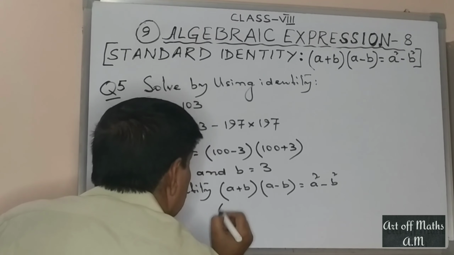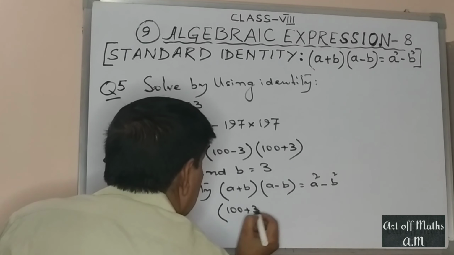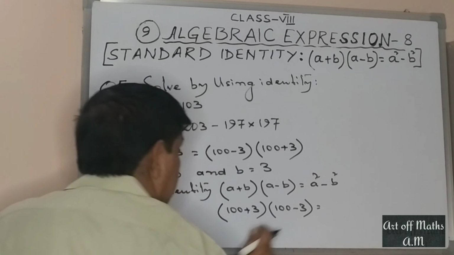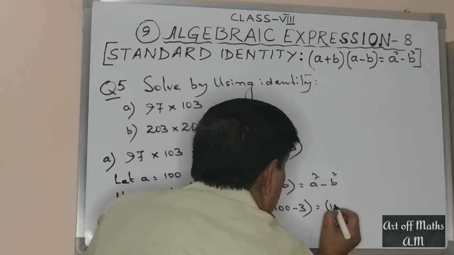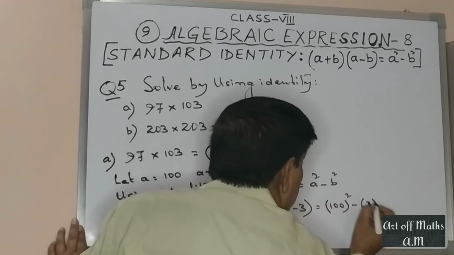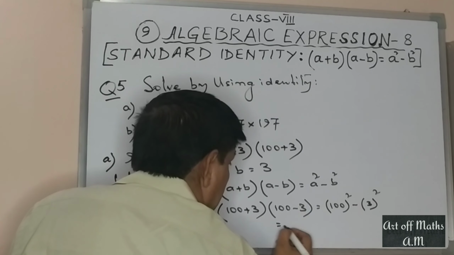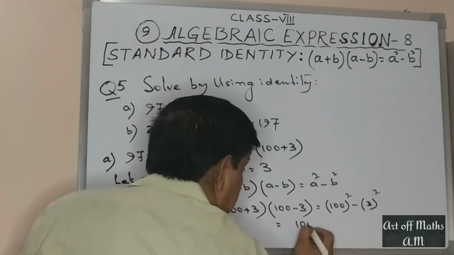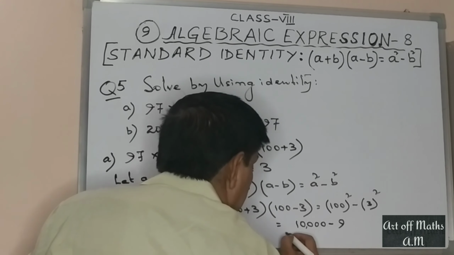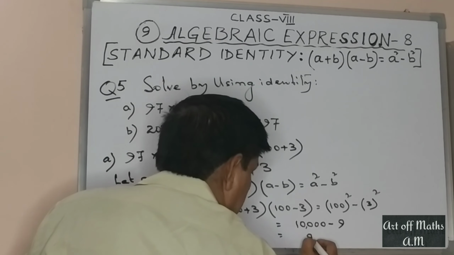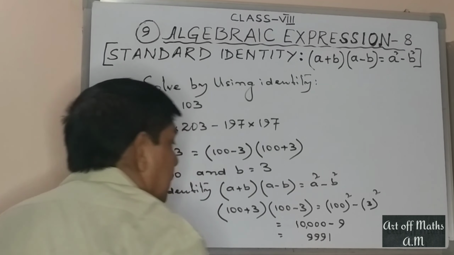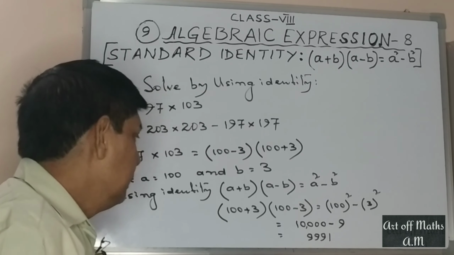So we have (100 plus 3) into (100 minus 3). Square of the first element, that means 100 square, minus square of the second element, that means 3 square. 10000 minus 9, that means 9991. This is the required answer.